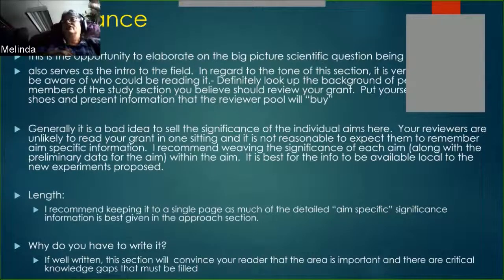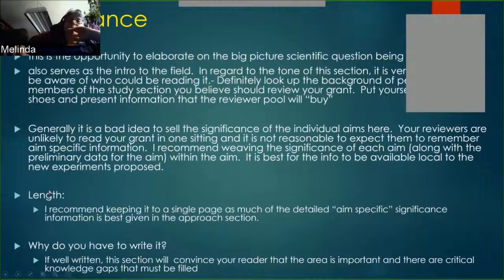So that's why I tend to use the significance section for the big picture question, big picture literature, laying out the major knowledge gap that you're proposing to fill. And then the stuff that really justifies this experimental approach, or why you're using a particular analytical technique, I put into the actual approach section, so that the reviewer's not having to do mental gymnastics remembering what you wrote.